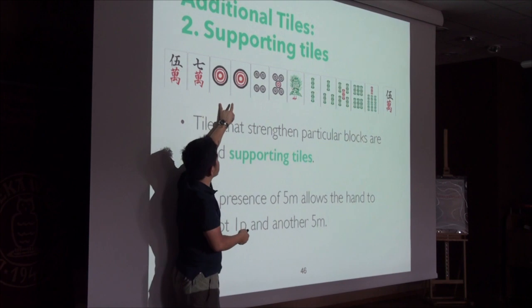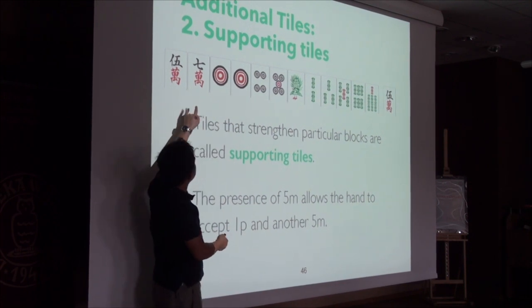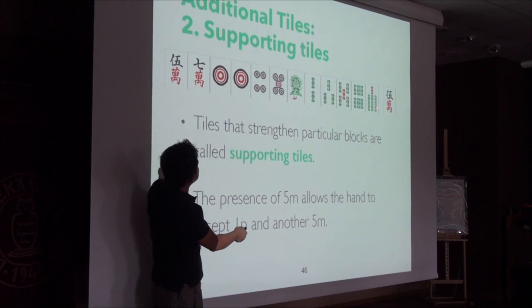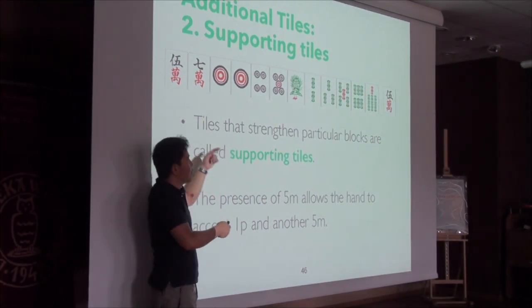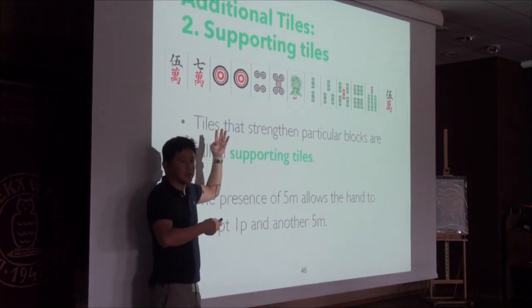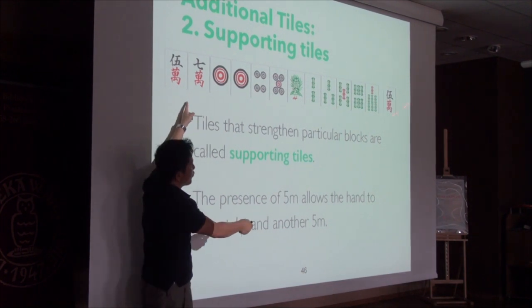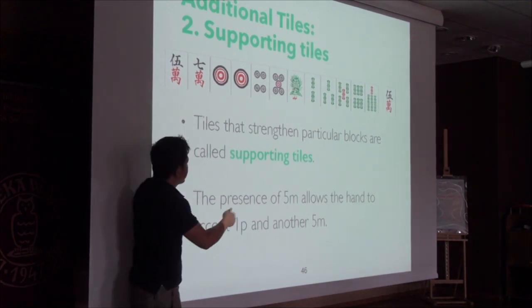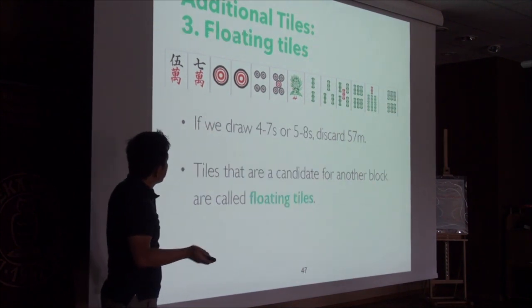Good. When this becomes a triplet, this can become a pair, right? Also, an additional 5 man means that you can accept another copy of 5 itself, right? So having this increases the tile acceptance by 4 tiles, right? 2 more copies of this and 2 more copies of this. So it is supporting, right? So it's different from redundant tiles, right?